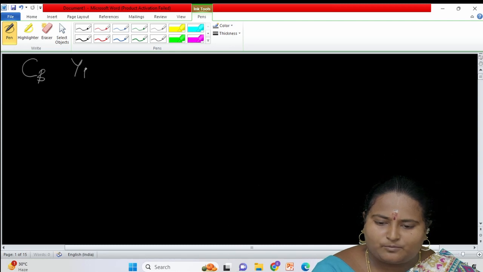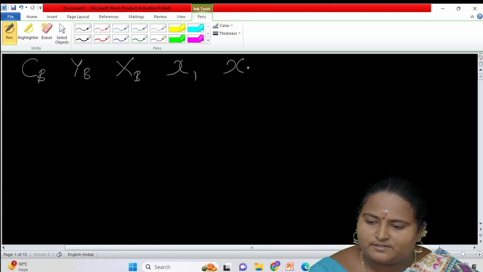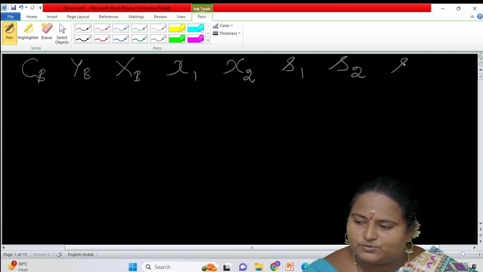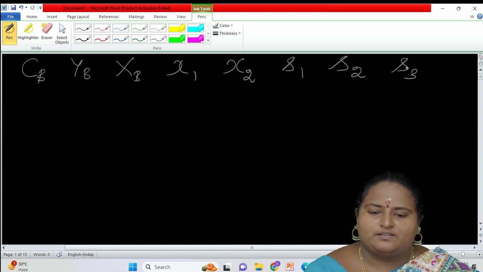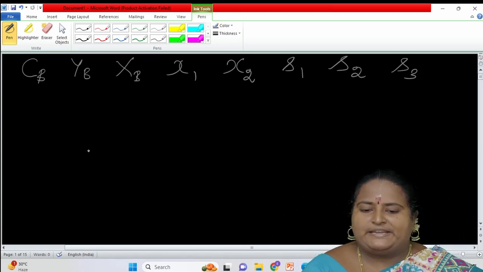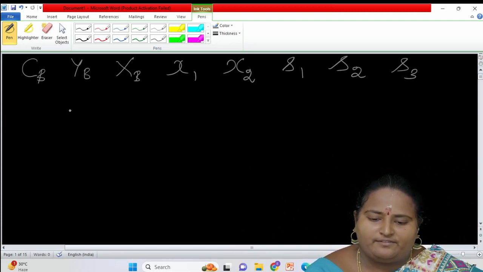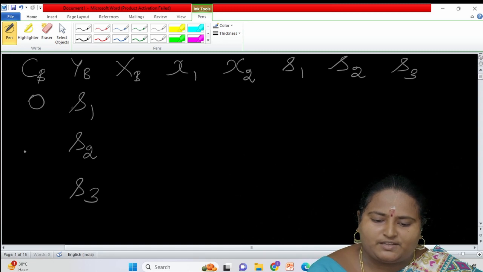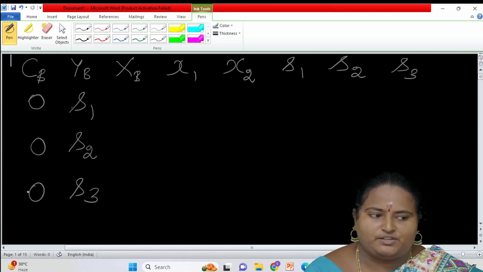CB, YB, XB, X1, X2, S1, S2, S3. So in the initial iteration table, we have in the YB column S1, S2, S3. The CB values are 0, 0, 0.